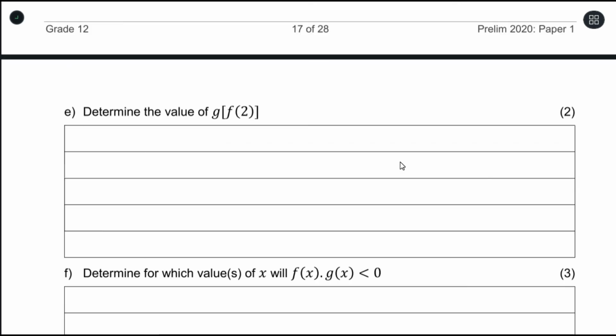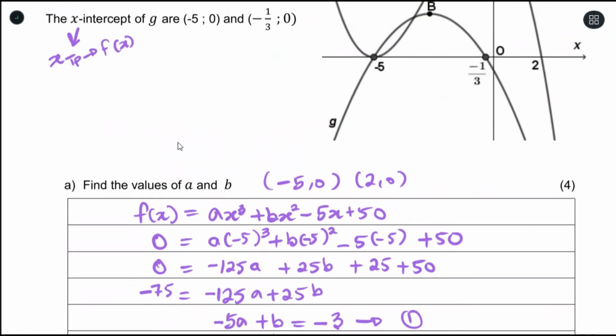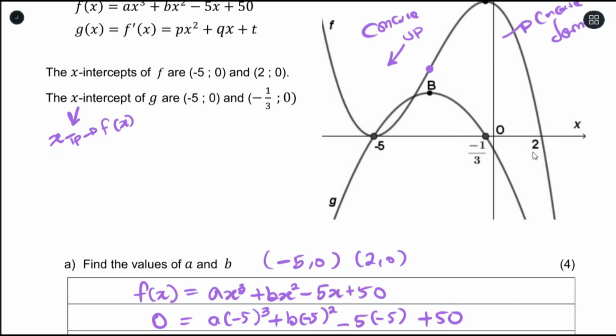That's all. For E, it says determine the value of g(f(2)). Basically, whatever you have in the bracket is what you replace with x. Now, there are two things happening here. The first thing is that we can look at the inside bracket, which is f(2). In the previous question, if you go back up, we notice that when x was 2 in your cubic function, it actually gives you 0, right?